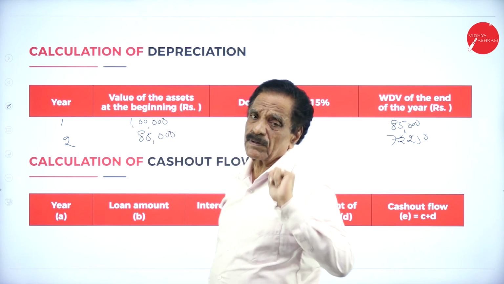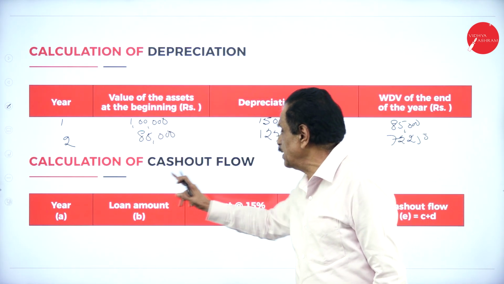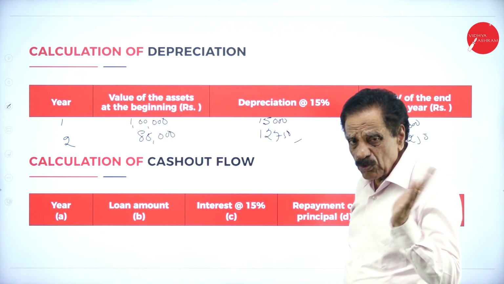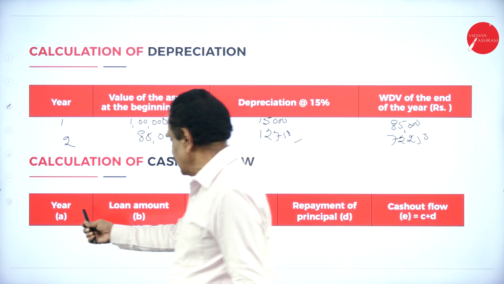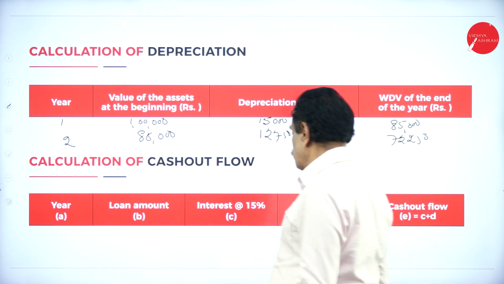In order to calculate the problem, the first step is the depreciation. The second step is cash outflow. How to calculate outflow? Year, loan amount, interest, repayment of principal.